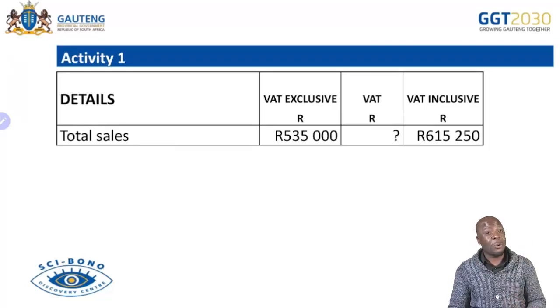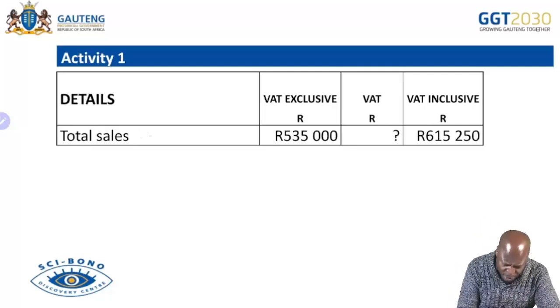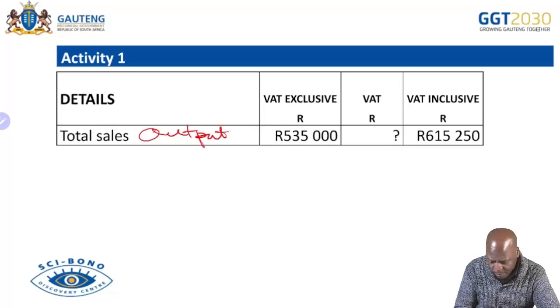What direction are the goods going? Are they coming in or are the goods going out? For you to be able to tell input or output. Remember, we are selling. You got the clue. So once we are selling, the goods are going out. So already I know for my sales, I have to consider output VAT here.